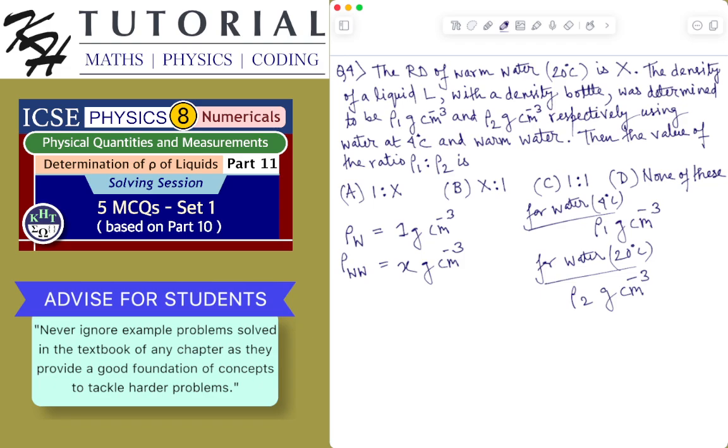But since we are using the same liquid, the density will not change. Rho 1 and rho 2 will be the same.